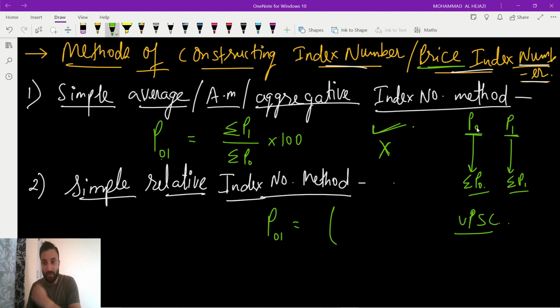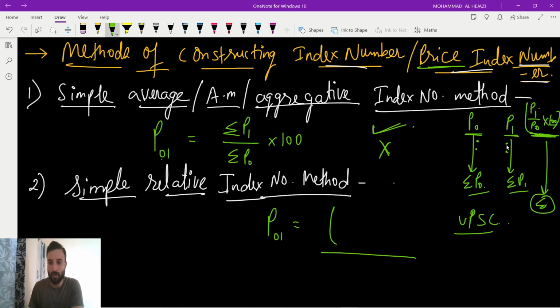What you have to do is take one more column. In this column you find P1 divided by P0, the P1 value divided by the P0 value, and whatever you get, multiply by 100. Same for each row: P1 divided by P0 into 100.